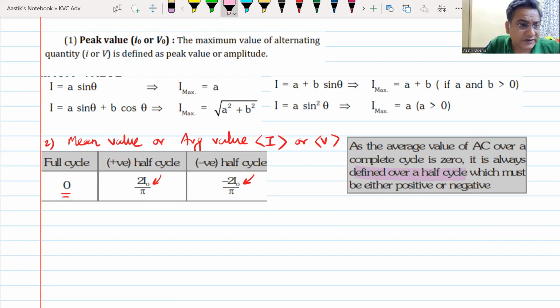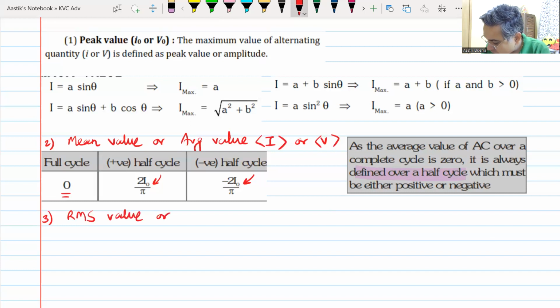What do they measure? They measure something known as the RMS value, or root mean square value.